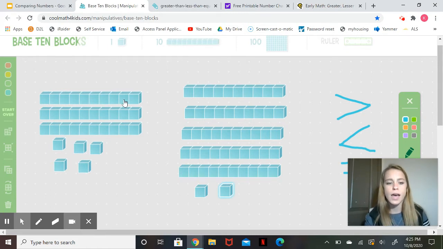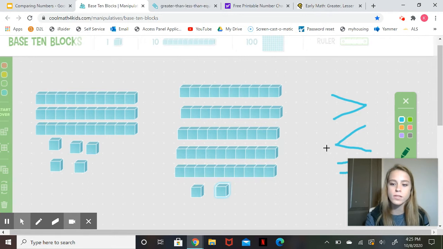So if we look at them, clearly the 52 is bigger than the 35, right? So we know that the alligator wants the bigger number. So if we look over here at our symbols, we see that the open mouth is facing the 52 is this one.